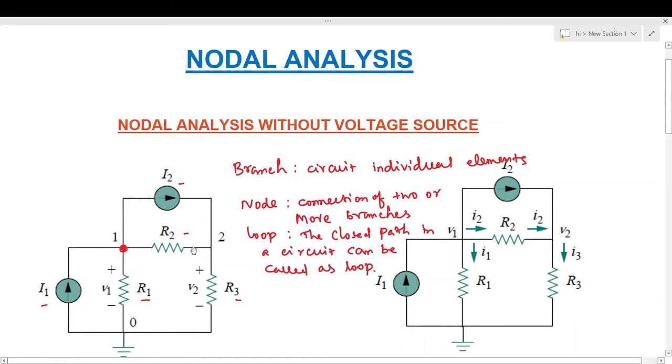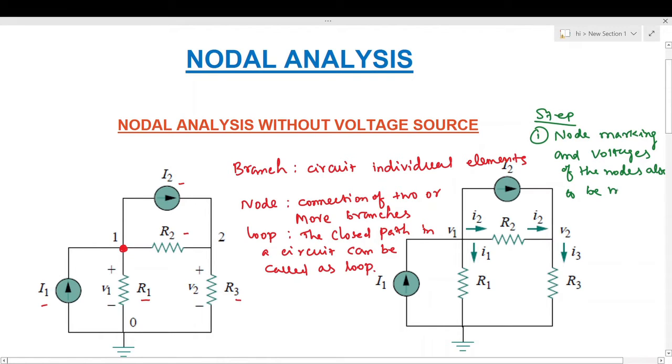Now, in this nodal analysis, we need to mark the nodes. We need to follow certain steps and we will write them here. Steps to be followed are: nodes to be marked, node marking, and voltages of the nodes also to be marked.